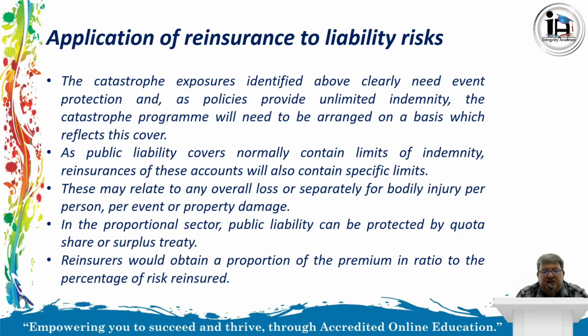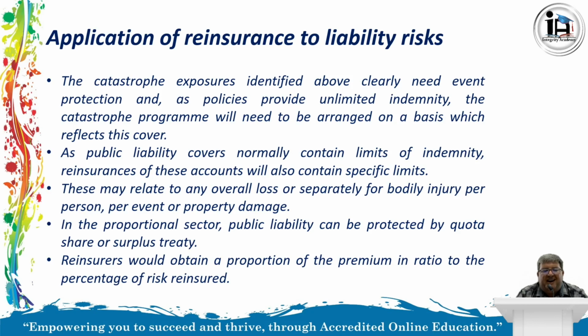The catastrophe exposures identified above clearly need event protection, and as policies provide unlimited indemnity, the catastrophe program will need to be arranged on a basis which reflects this cover. As public liability covers normally contain limits of indemnity, reinsurance of these accounts will also contain specific limits.